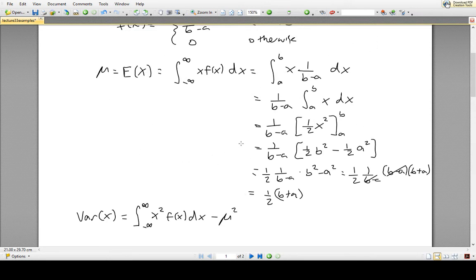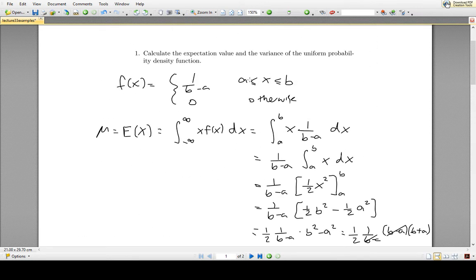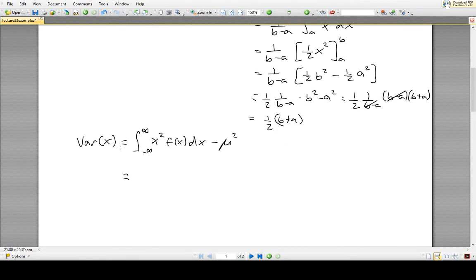Again, because our function f of x is only non-zero when x is between a and b, we only have to do this integration from a to b. So here's our x squared, and in this region our probability density function is just 1 over b minus a, dx.